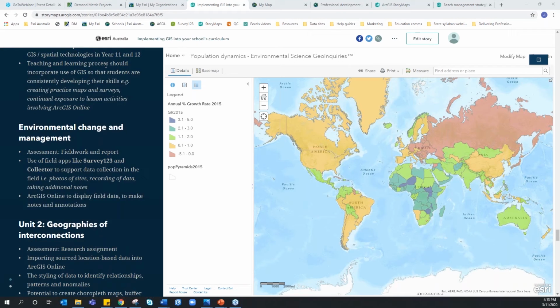So the teaching and learning process should incorporate the use of GIS so that students are consistently developing their skills. It shouldn't necessarily be about an interactive whiteboard where you're teaching to a map that you've created, although that will still definitely probably come up. A lot of the time it's about them creating practice maps or creating practice surveys in the lead up to assessment, so they're familiar with the process.